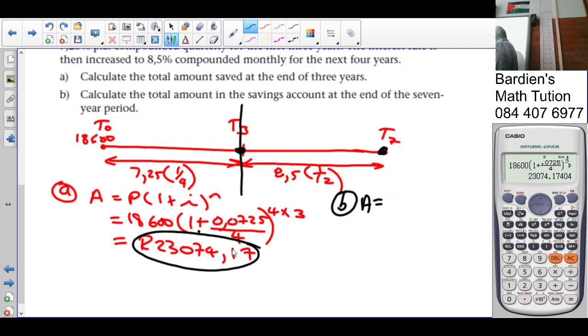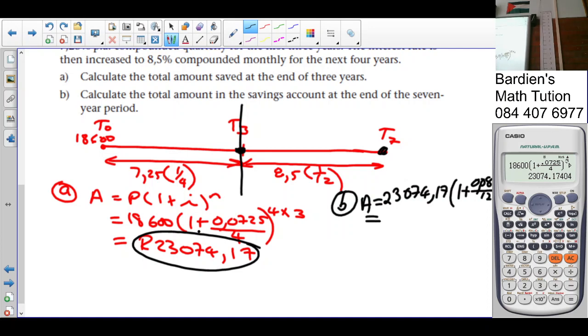Don't have to write it again. So it's going to be 23,074 and 17 cents into 1 plus 0.085 over 12, because it's compounded monthly, to the exponent 12 times how many years? 4 years.